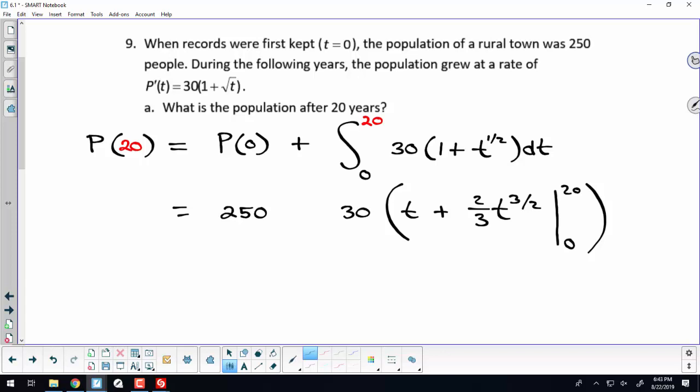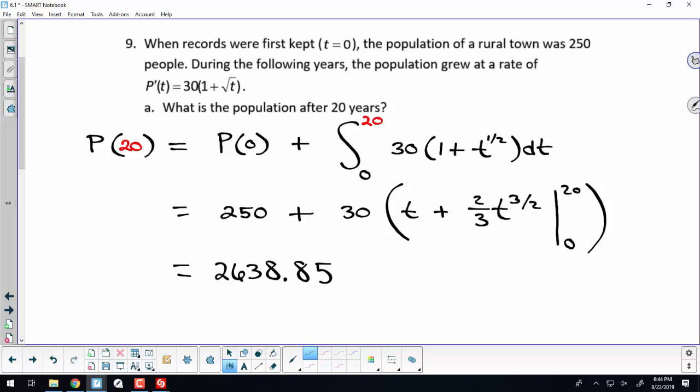Okay, so the bottom limit in there is going to zero everything out. We're just going to plug 20 in for t and t to the 3/2, multiply that by 2/3, add everything up. Sorry, I forgot my plus here. So you should get 2638.85 as the initial value.